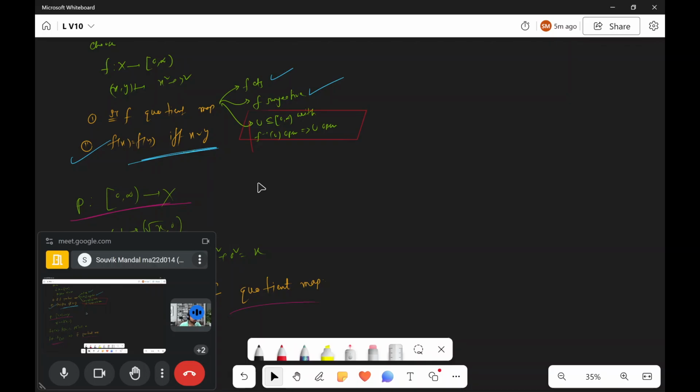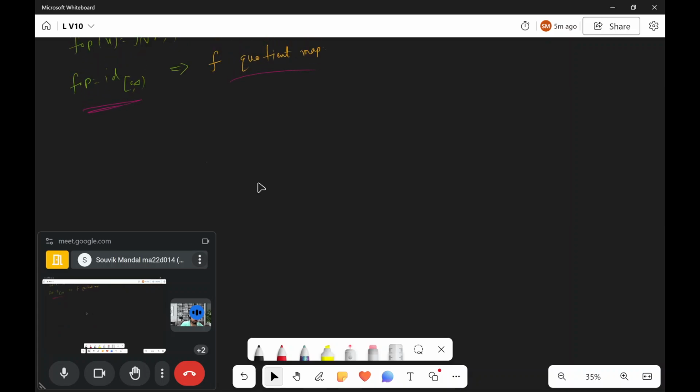The next question is as follows. Show that the projection pi from X plus Y to X is a quotient.